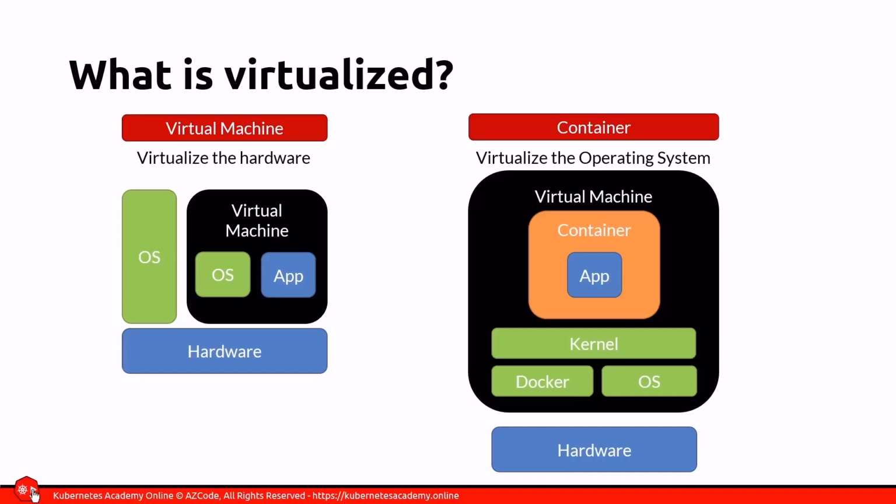This means that containers start in seconds because they don't have to boot. They also use a lot less memory and hard drive space since there's no OS. A small container can take 100 megabytes of hard drive space and run in 64 or 100 megabytes of RAM.